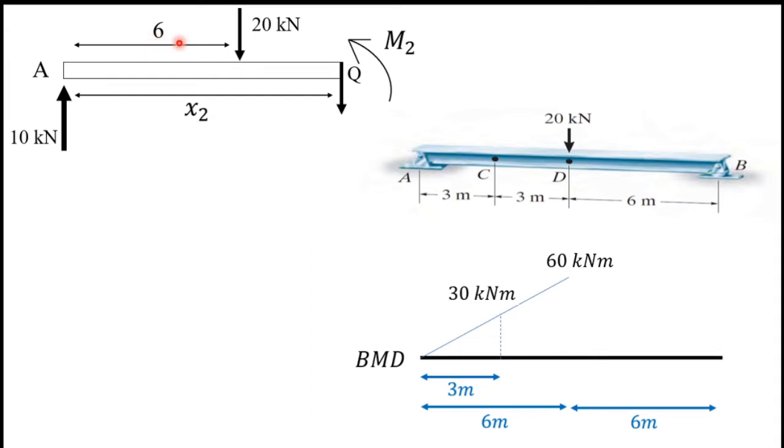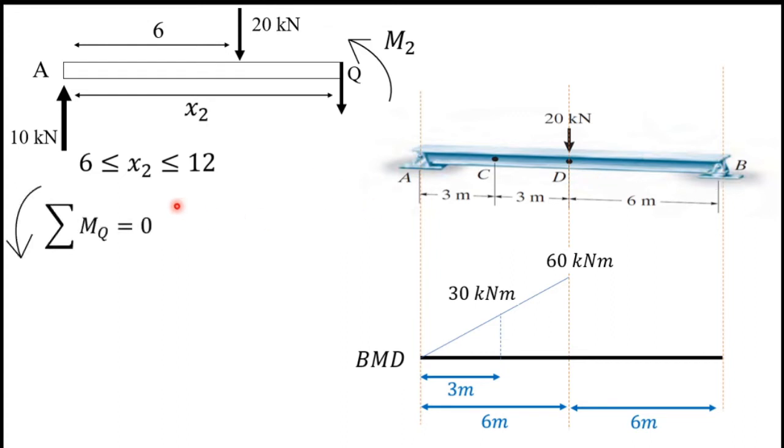This 6 meters is the distance from point A to this point load, and I marked this point as Q, and M2 is the bending moment. So the range is 6 to 12. The equation we will get from this calculation can't be applied for less than 6. So this is valid for the range 6 to 12, which is this range.